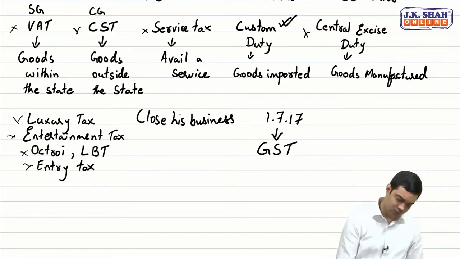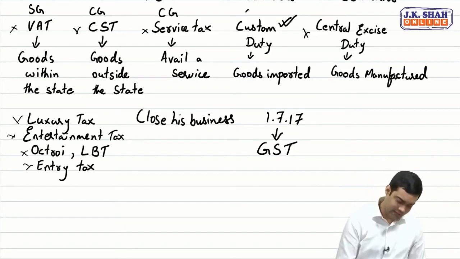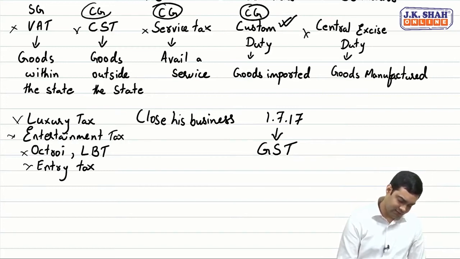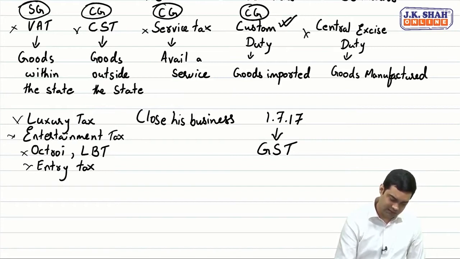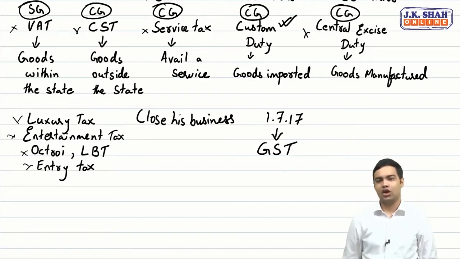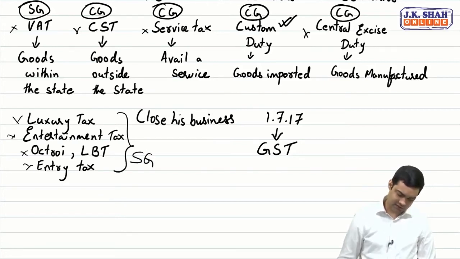Service tax was collected by the central government. Custom duty even today continues to be collected by the central government. When we talk about central excise duty, obviously you guessed it right, it is collected by the central government. Luxury tax, entertainment tax, octroi, LBT, these were collected by municipal corporations and state governments taken together.